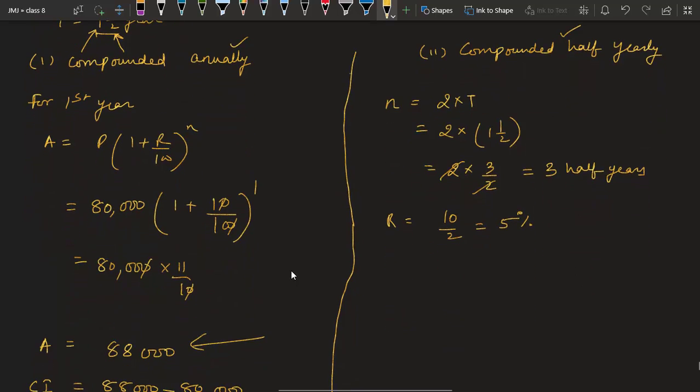Now put in the formula, amount will be P, that is 80,000, 1 plus rate 5 upon 100 whole power 3.